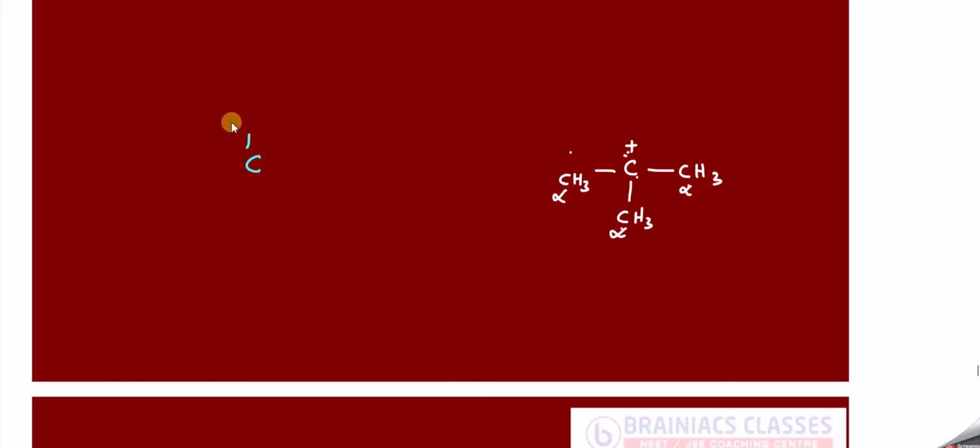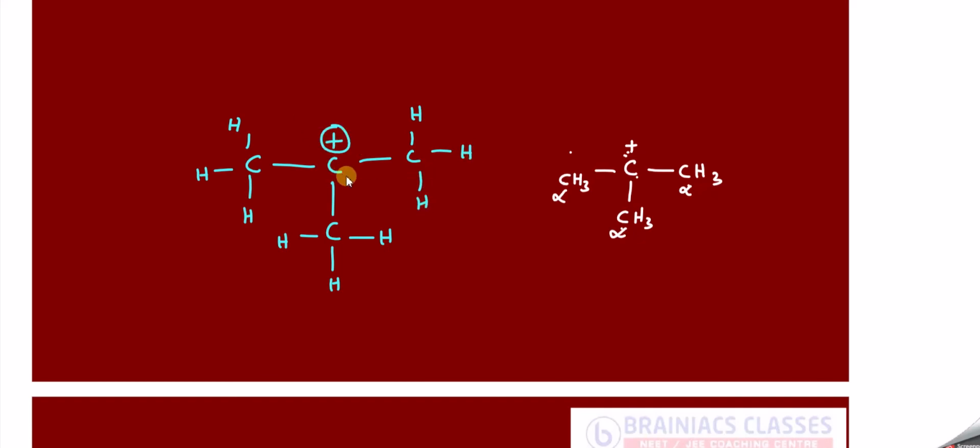Let's see that. So you have hydrogen like this present. You have a central carbon. There is another carbon with hydrogen atoms present like this, and you have another carbon with hydrogen atoms present like this. Since there is a positive charge here, I can say the p orbital of this carbon is vacant.